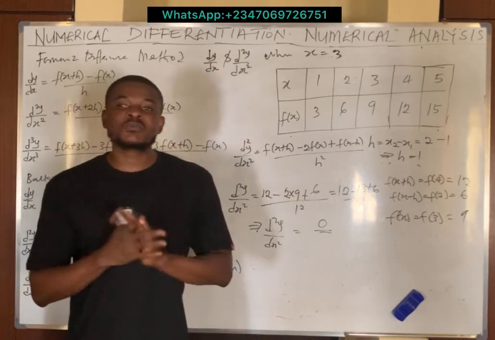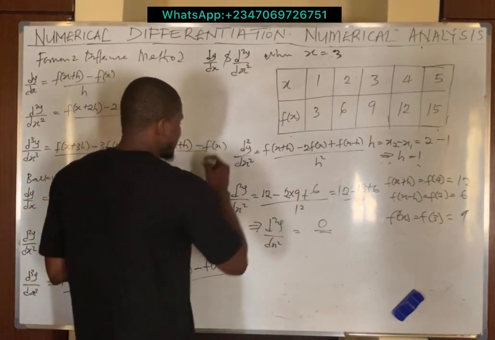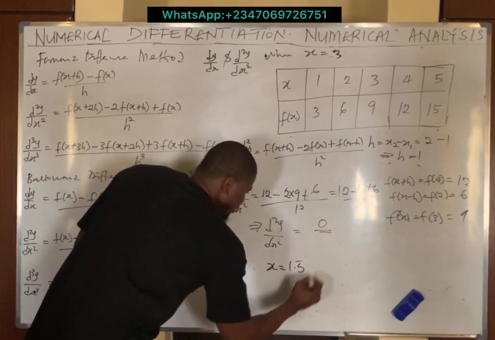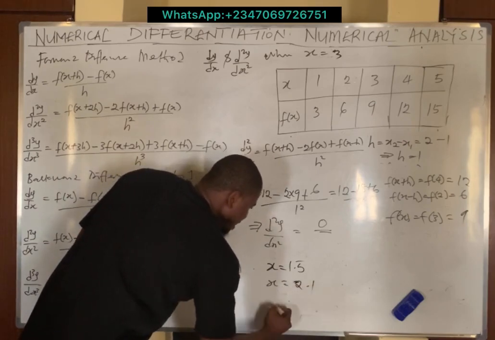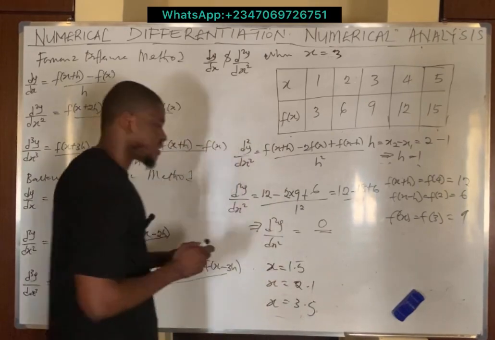Okay, so to answer the question I asked: what if you're asked to approximate the derivative when x is equal to 1.5, or when x is equal to 2.1, or when x is equal to, let's say, 3.5, something like this.